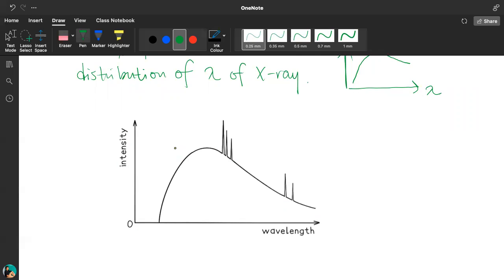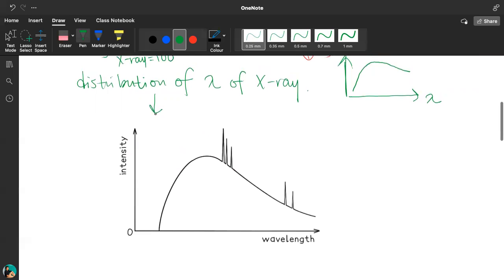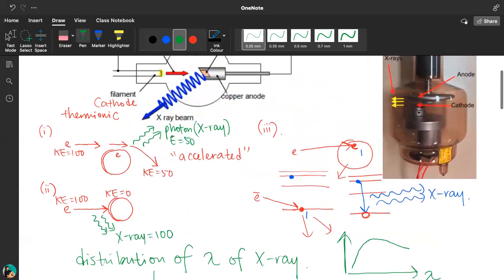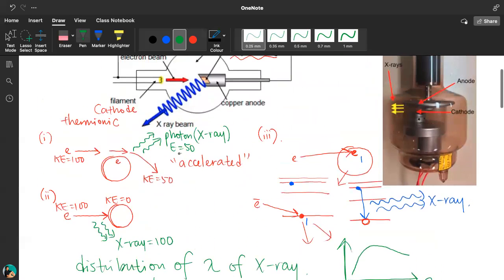Again, if the question asks you why there is a continuous distribution like this graph, then how do you explain why there's a continuous distribution of wavelength? First, you have to talk about acceleration keyword, okay? Acceleration, electron, they have different acceleration. They have different kinetic energy, they have different acceleration.